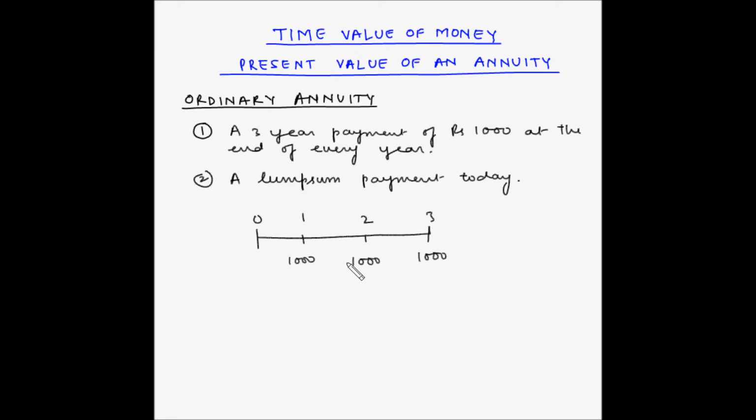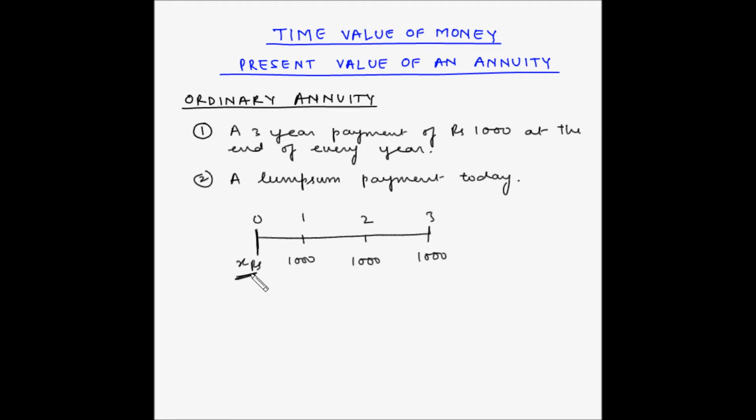I've kept this positive because it is incoming payment. So you are receiving these payments. So this is coming into your pocket. So this is the first option. The second option is that right here you get a payment of X rupees.